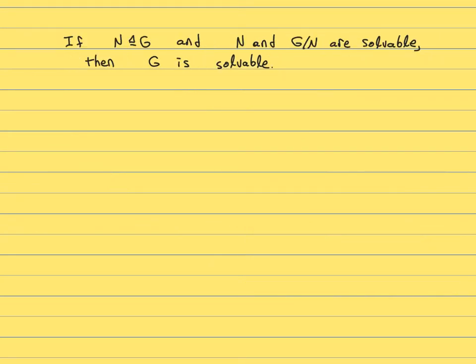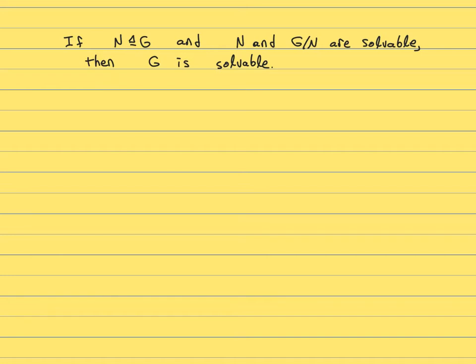So the final major result is this one. So we already know subgroups of solvable groups are solvable. And quotients of solvable groups are solvable, but it turns out this converse idea is also true. If you have a normal subgroup, and that normal subgroup and the quotient are both solvable, then your original group is also solvable.